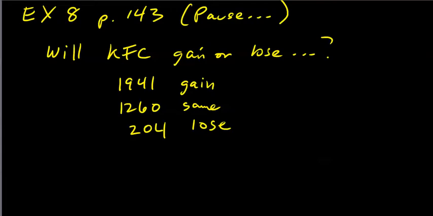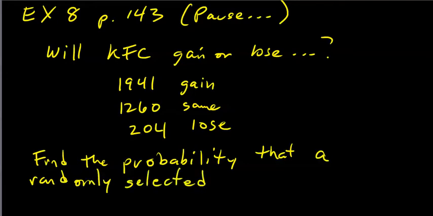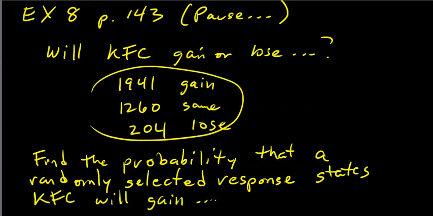Again, the book asks us, find the probability that a randomly selected response from the above pool states KFC will gain customers after the proposed change.